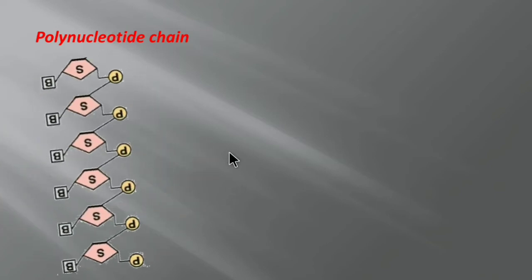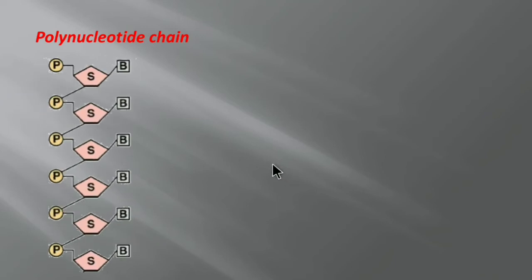So when you look at the polynucleotide chain, at the 5' end of the sugar we find a free phosphate moiety. This is 1, 2, 3, 4, 5. Okay, at the 5' end of pentose sugar, we find free phosphate moiety, and it is called the 5' end of polynucleotide chain.